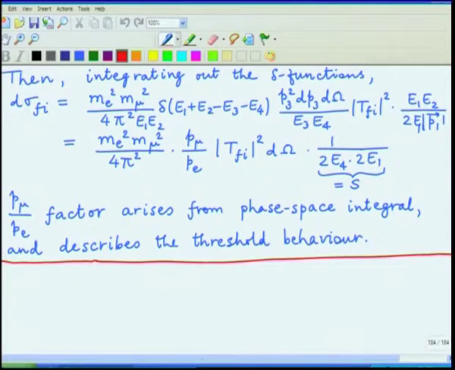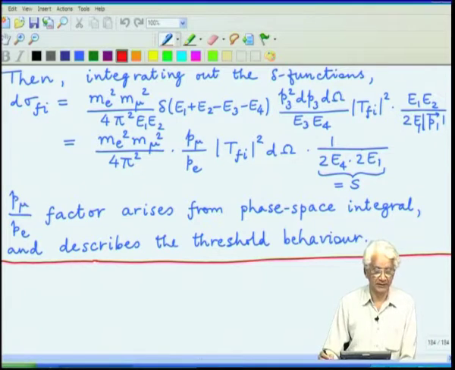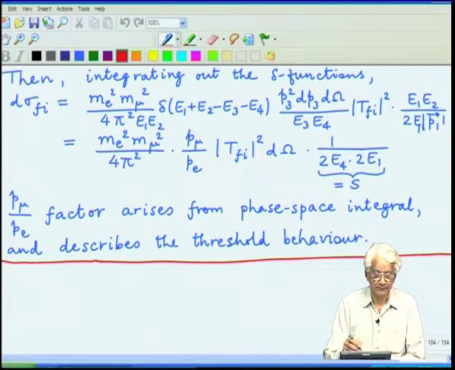Okay, in the previous lecture, I set up the formalism for calculating the cross section for the process e+ e- going to mu+ mu-, and I did the kinematics and phase space integrals to reduce the expression to the stage where the only thing which remains to be calculated is the square of the matrix element.